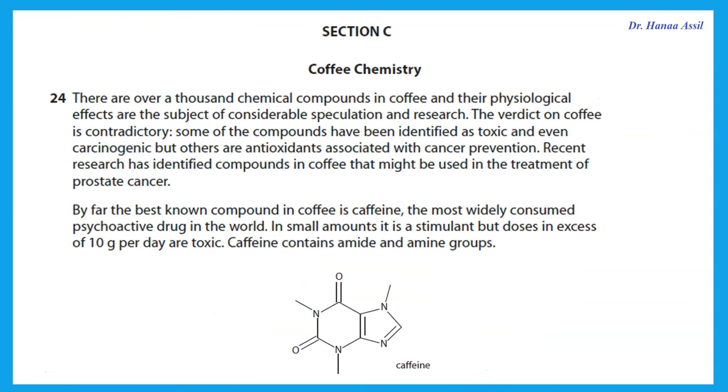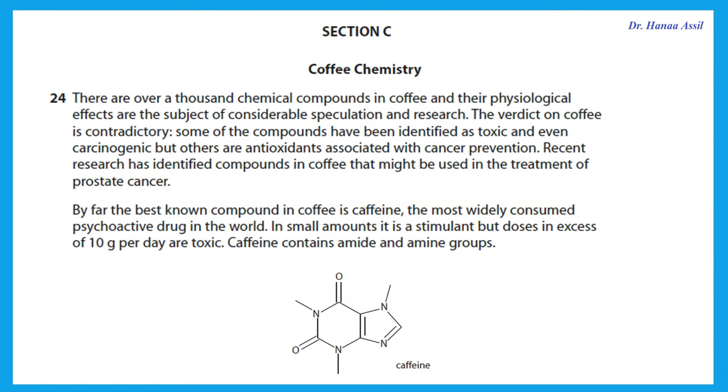Coffee chemistry. There are over 1,000 chemical compounds in coffee, and their physiological effects are the subject of considerable speculation and research. The verdict on coffee is contradictory. Some of the compounds have been identified as toxic and even carcinogenic, but others are antioxidants associated with cancer prevention.